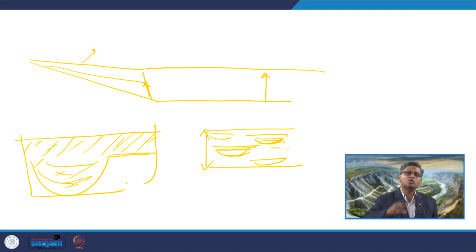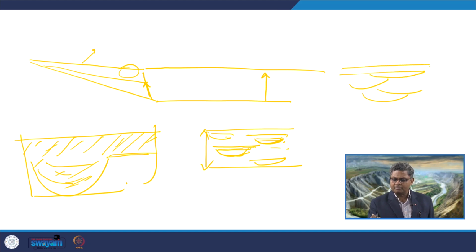So, we get thicker overbank deposits than the channel fills, whereas as we are reaching over here in the upper part of the HST, the space is now more easily consumed, more easily occupied by the river sediments. So, now in this part the flooding event will be relatively less frequent, and as a result the channels will be more frequently amalgamated, separated by some floodplain deposits.